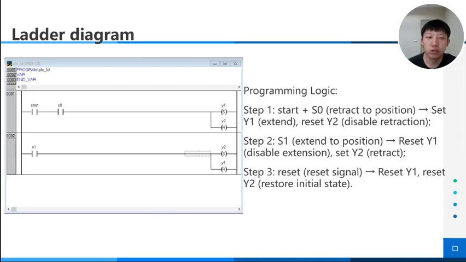In the third rung, whenever the reset signal is triggered, reset both Y1 and Y2 to stop the piston. Ladder diagram uses several contacts to show trigger conditions and set or reset commands to keep output status. It's very intuitive, just like real circuits.